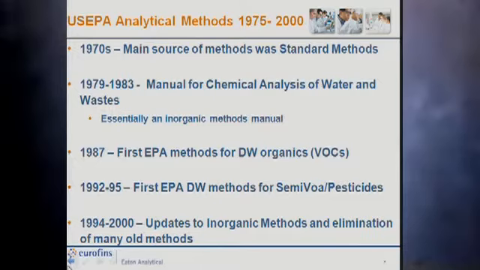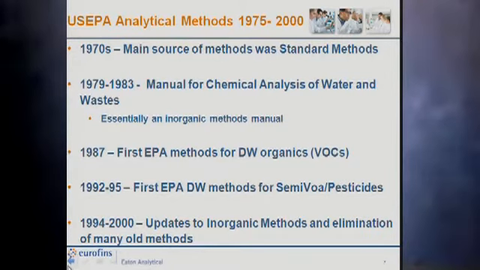If you go back to the 1970s, as I said, the main source of methods at that time was standard methods. In 1979 through 1983, EPA developed what was known as the Manual for Chemical Analysis of Water and Waste, which is really, again, mainly an inorganics methods manual.